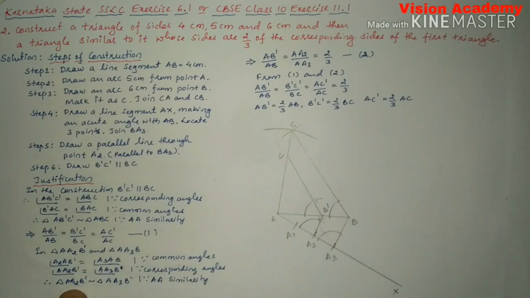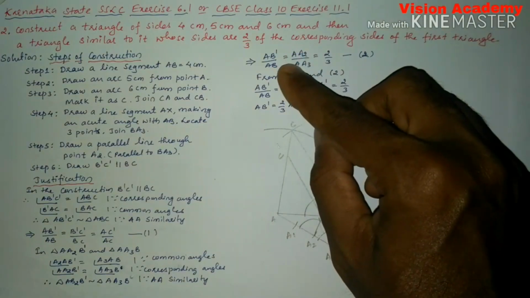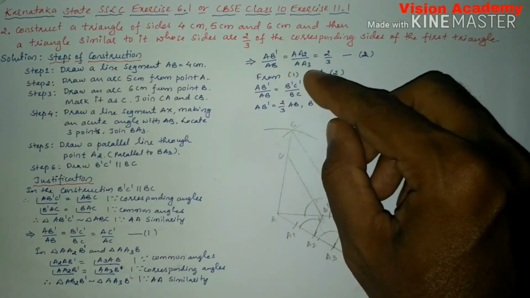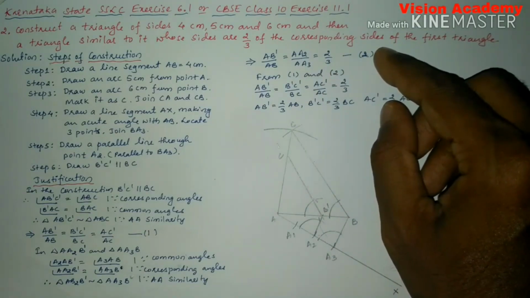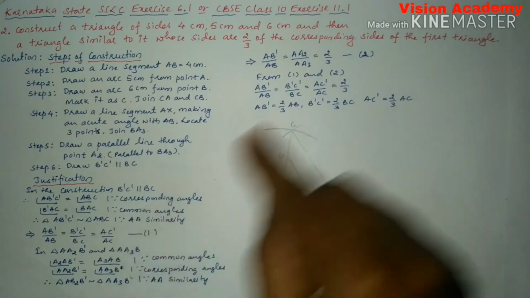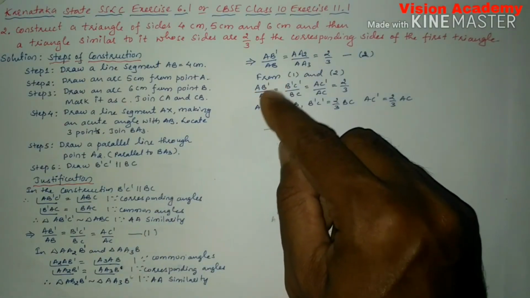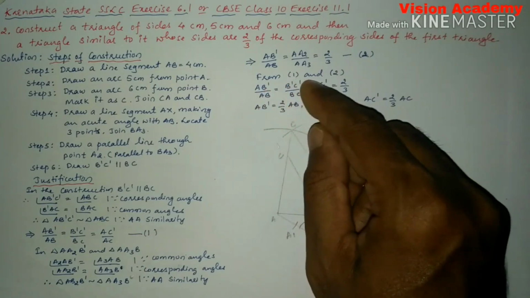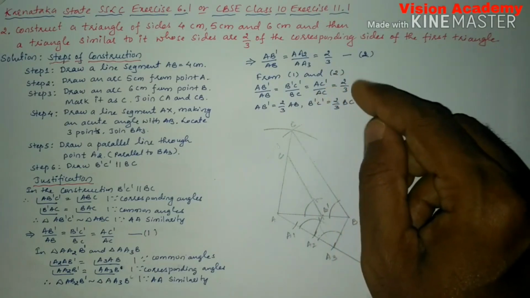Therefore triangle AA2B dash is similar to triangle AA3B, because of angle similarity criterion. So this implies AB dash by AB is equal to AA2 by AA3 is equal to 2 by 3. And let us consider this one as equation number 2. From equation 1 and equation 2 we get AB dash divided by AB is equal to B dash C dash divided by BC is equal to AC dash divided by AC is equal to 2 by 3.